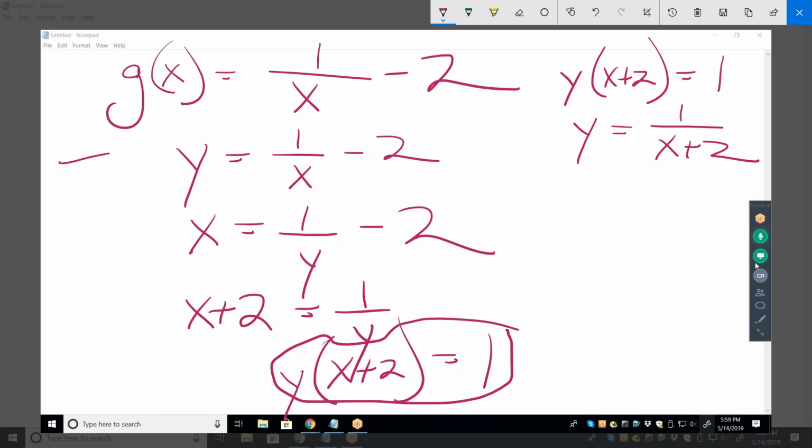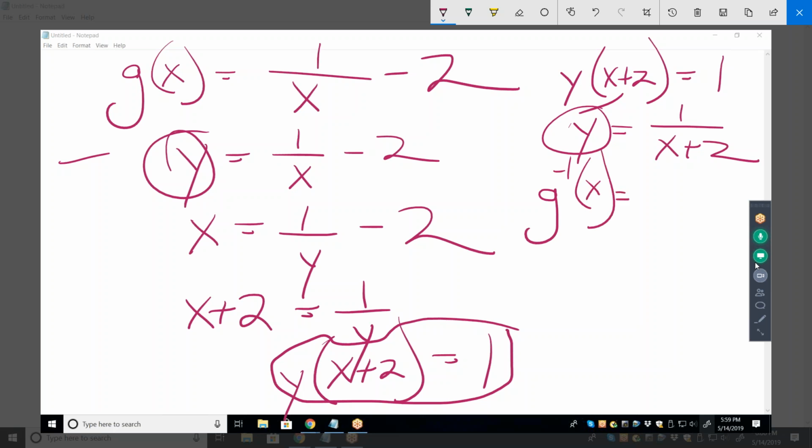Now, again, that y is not the same as that y. This y is actually g inverse of x. So I suppose the fourth step is to take your new y and replace it with g inverse of x.